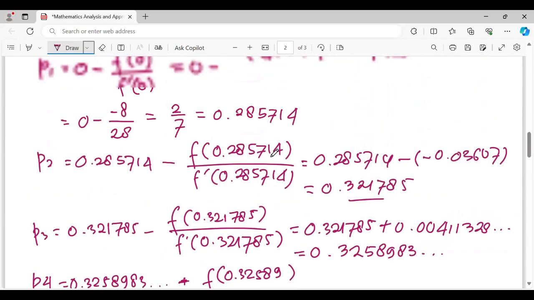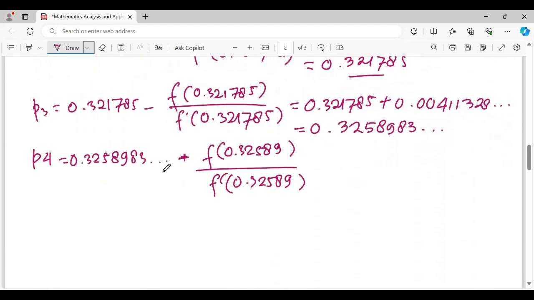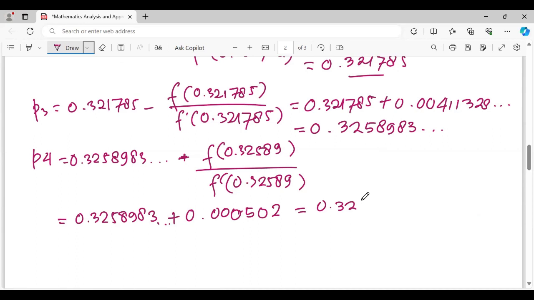Substitute this number into each p, so you can find 0.32588983 plus 0.0000502, and it is 0.3264, and so on.